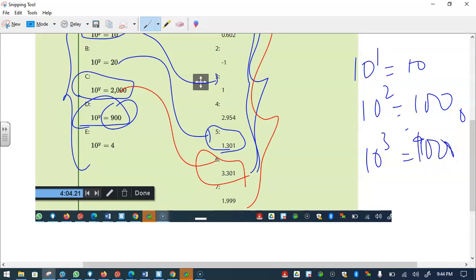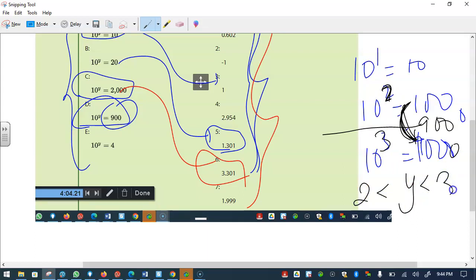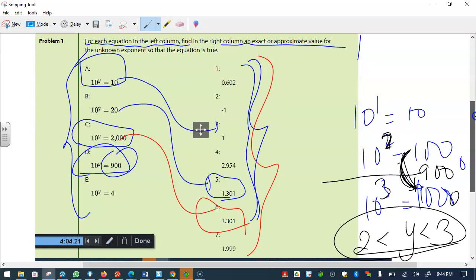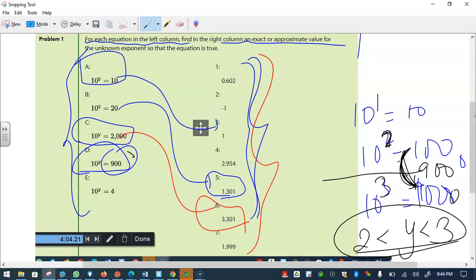So 900 is between 100 and 1000, right? So your y has to be between 2 and 3. So you look up where the number between 2 and 3 is, and see this one, the black one, goes right here.